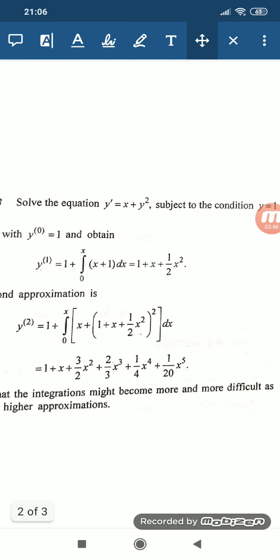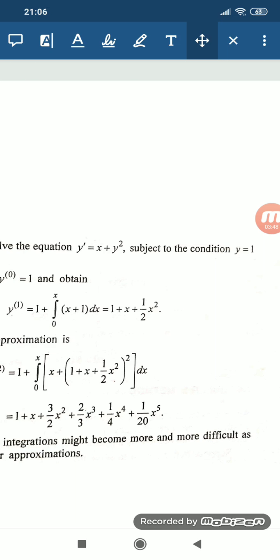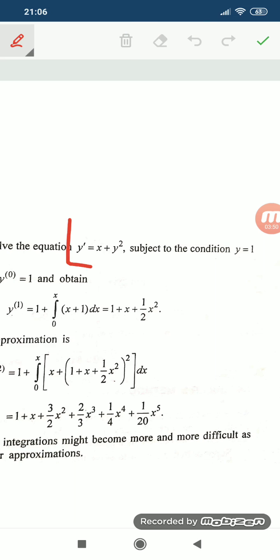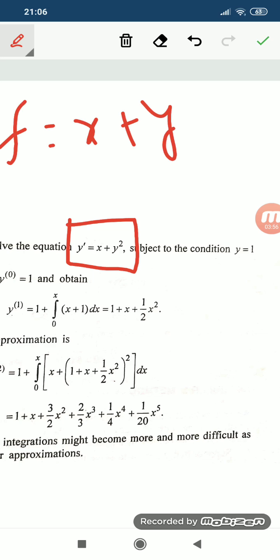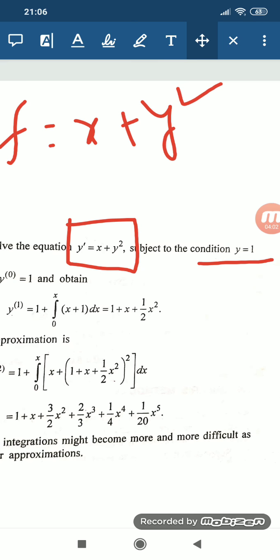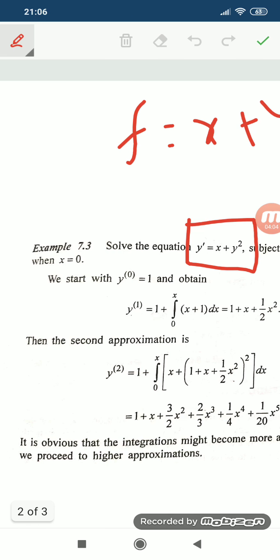Now look at this particular equation: y dash is equal to x plus y square. That means your f is x plus y square. And the condition that is given is y equal to 1 at x equal to 0. What does it mean?